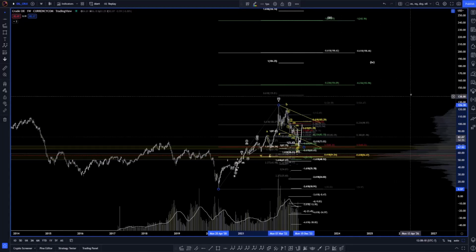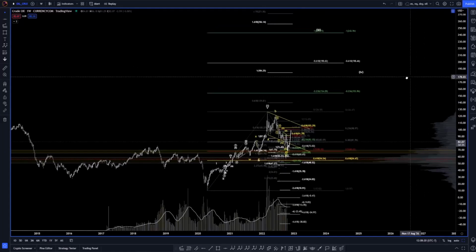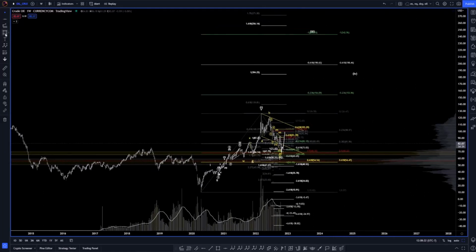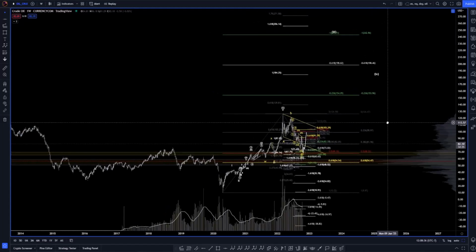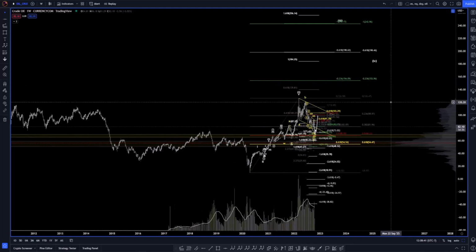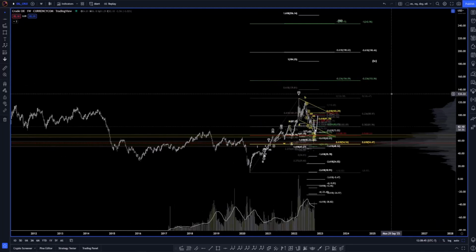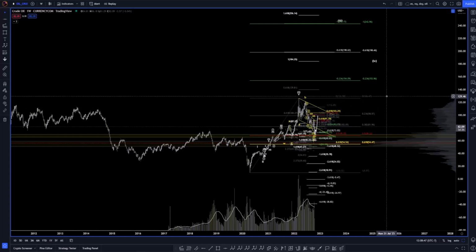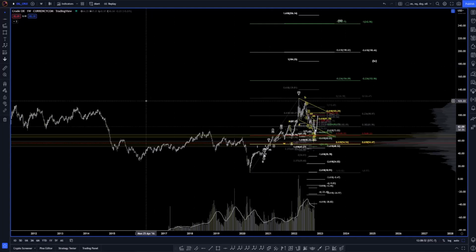We'll have to see how this unfolds, but a projection of this -1, which is the algo, or this 1618 of the one, is well over $200 a barrel. I know that seems super high, but with all the global energy issues going on right now, to say the least, I don't think that's out of the picture.